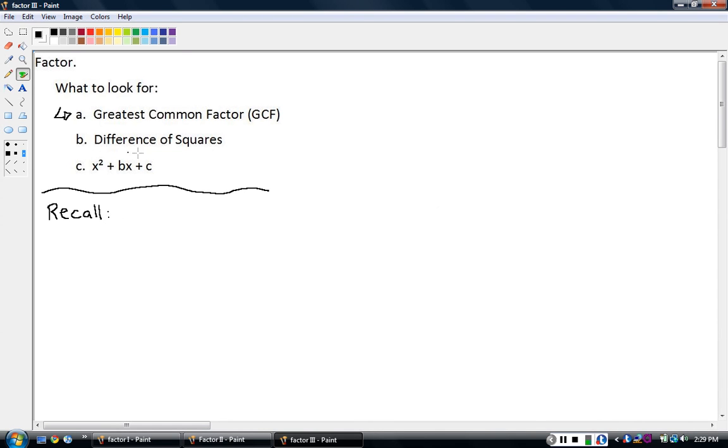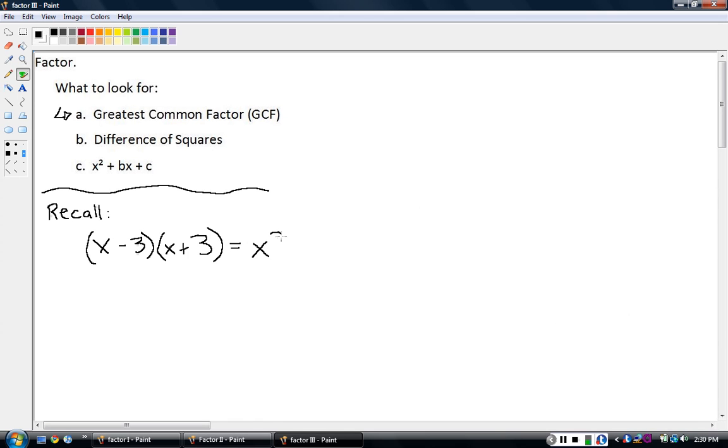So this next case, the difference of squares, I'm going to try and explain that now. Just remember what happens when you multiply something that looks like this. What if I asked you to multiply x minus 3 times x plus 3, what would you get? Well, you would go with the FOIL, but you don't even really have to FOIL. With this case, x times x gives you x squared.